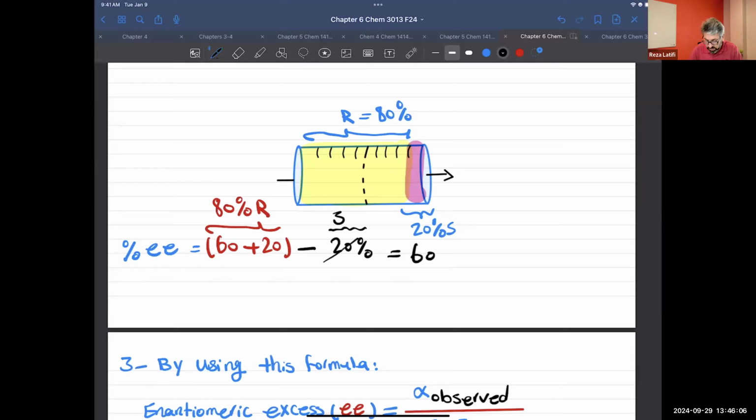That 20 will cancel the 20 from R. They will give you rotation equal to 0. And that 60 is going to give you rotation anything other than 0. So you have 60% enantiomeric excess.